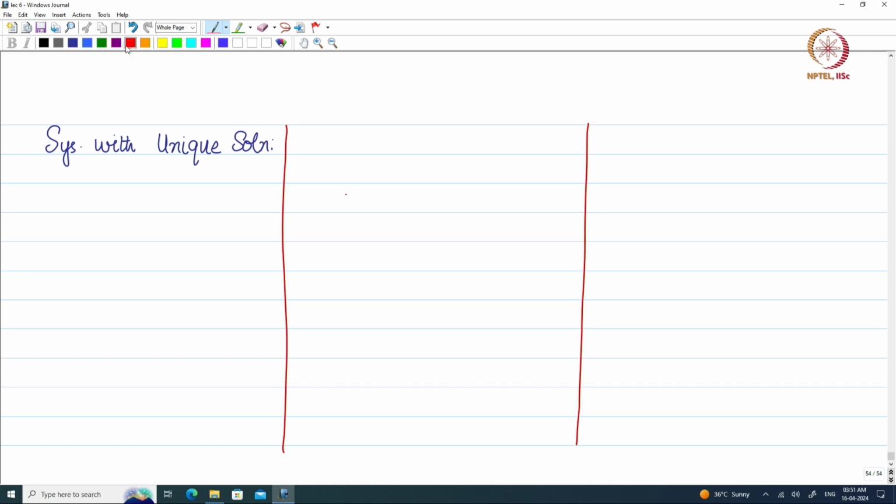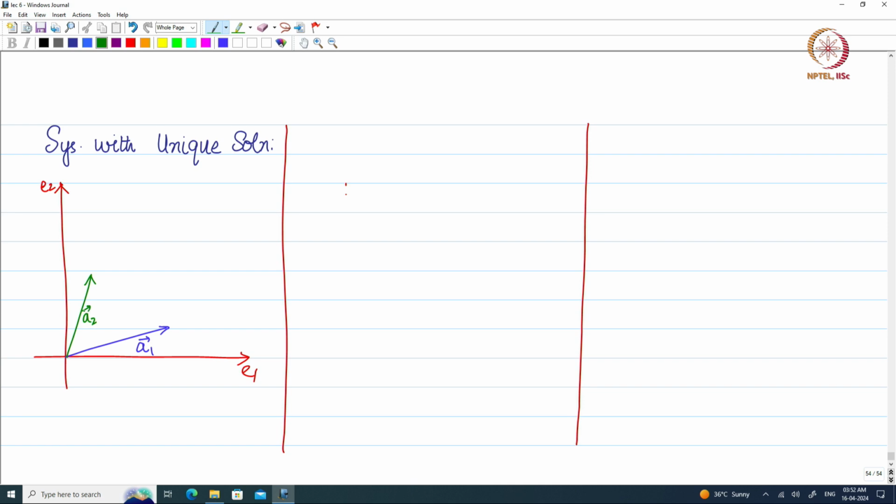Say I have E2, and suppose this is the first column of the matrix, which corresponds to the vector A1, and this corresponds to the vector, let us say A2, the second column of the matrix.